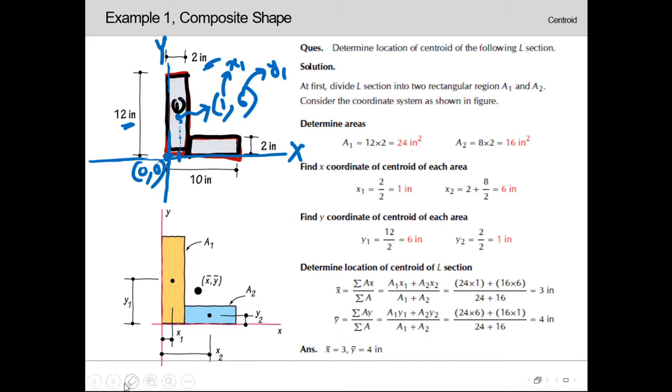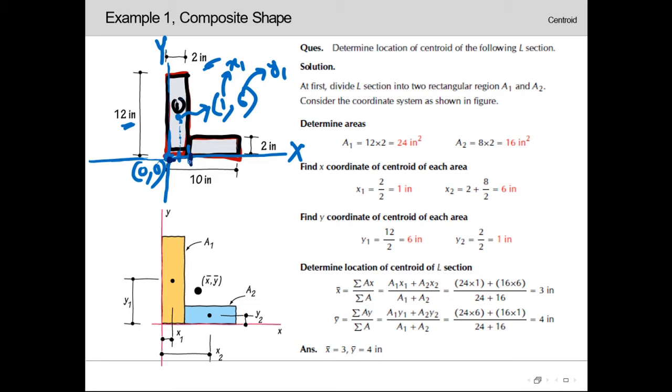For segment 2, we need to locate the centroid. This segment 2 is starting from this point. Starting from 0, 0, firstly you need to move 2 inch along the x-axis, and then there will be the starting of segment 2.